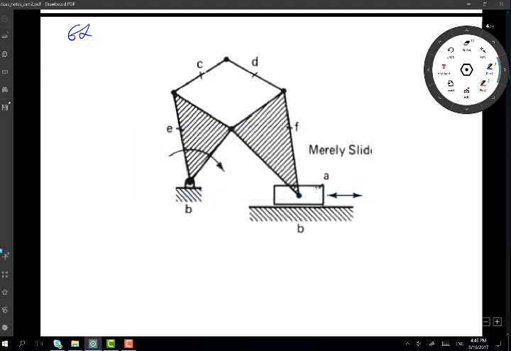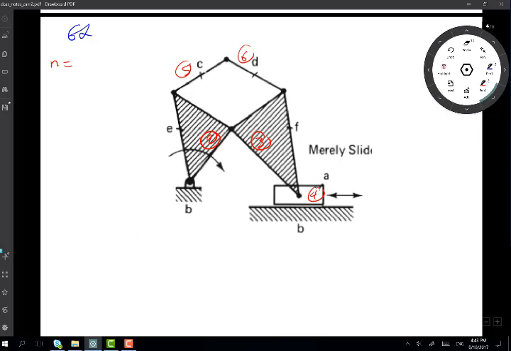So this is link number 2. So this is link 2 here, right? And possibly this is link number 3. This is link number 4. I have 5 and I have link number 6. How many degrees of freedom do I have here? Let's count that.